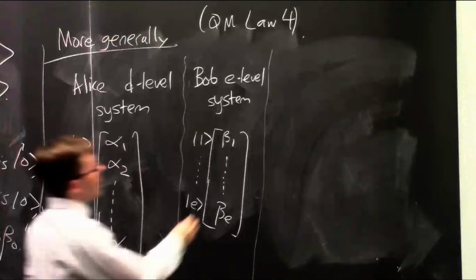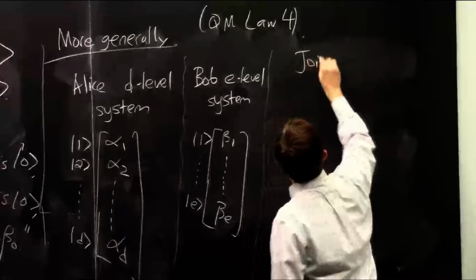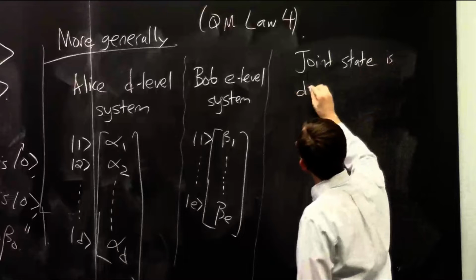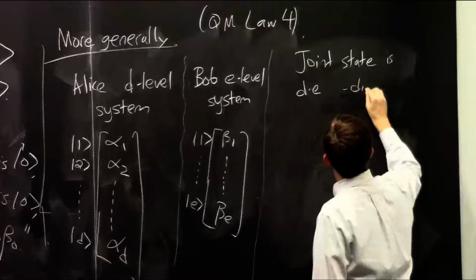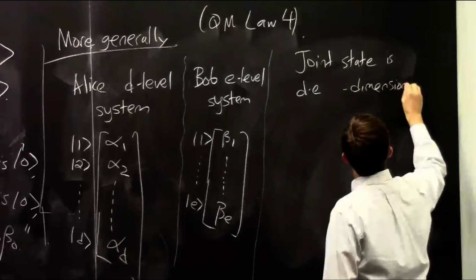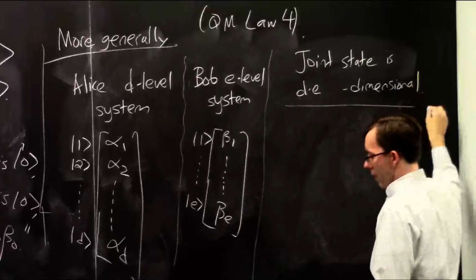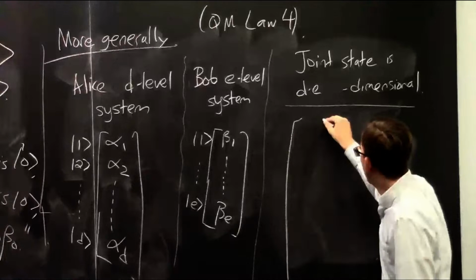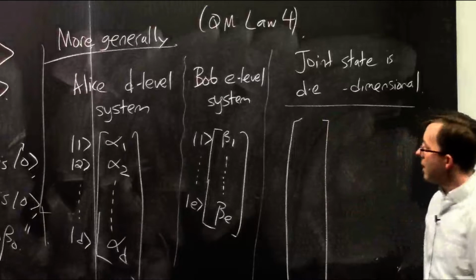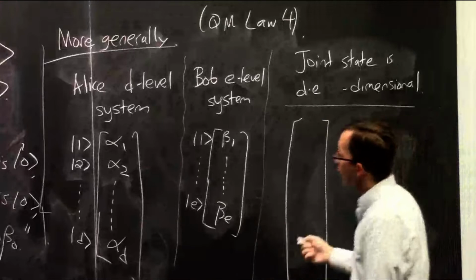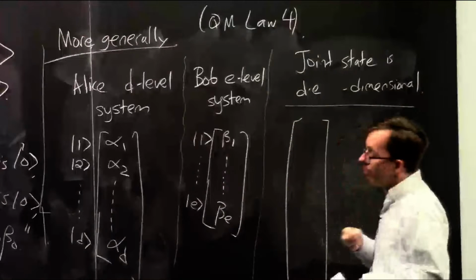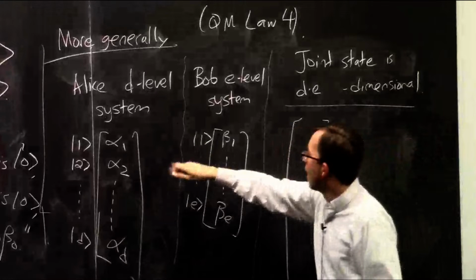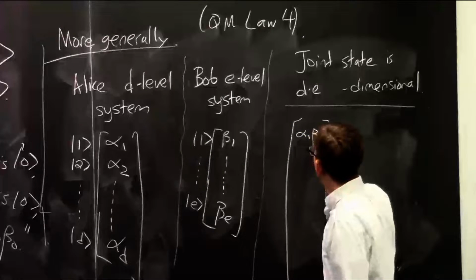Okay, then the joint state is d times E dimensional. Okay, so it's going to be a very tall vector of height d times E. Okay, and it's, like the probability, amplitude of having a 1 and a 1 is alpha 1 times beta 1.